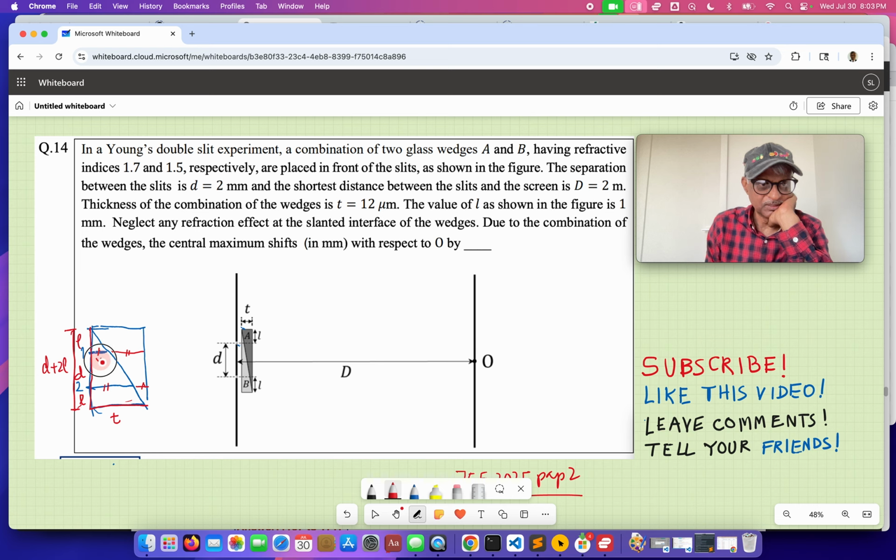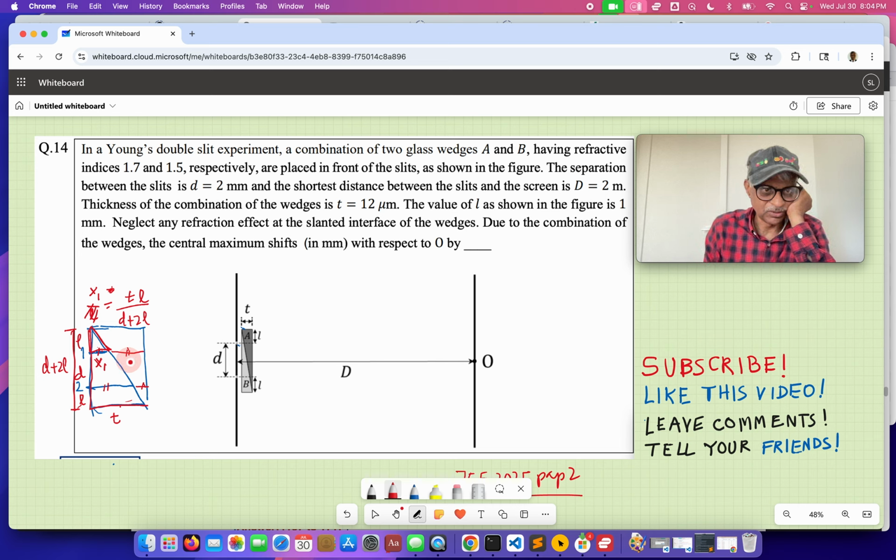And if you call this X1, in the first medium, then versus this triangle, they're similar triangles, X1 over L, this over that, equals this over this big thing, D over D plus 2L. So X1 will be just like that.